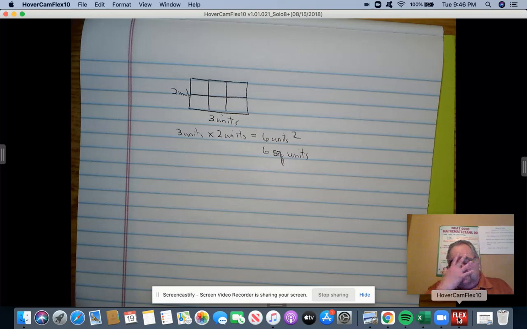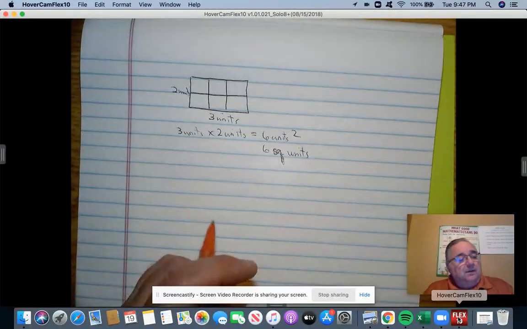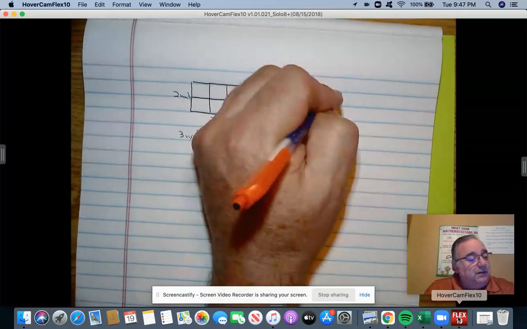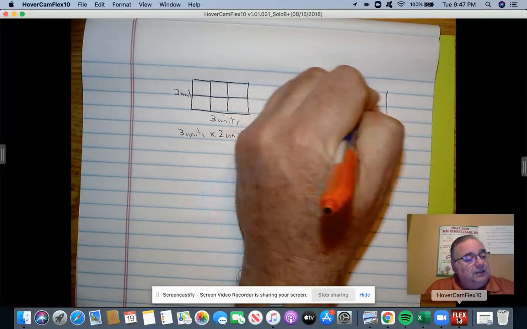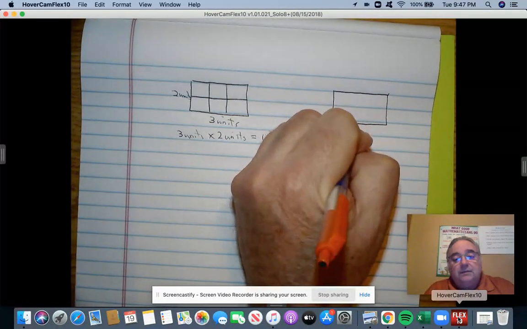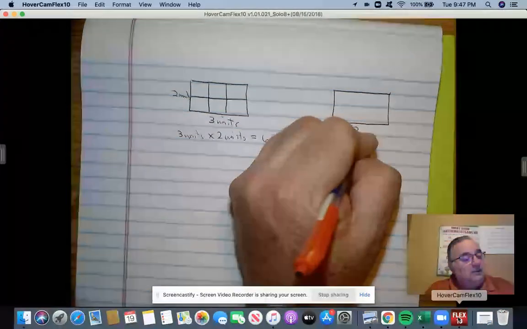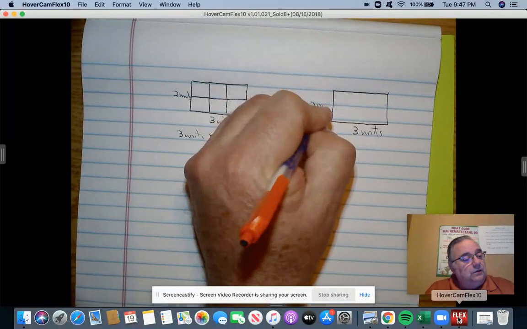All right. Now, in the upcoming STAR test we're going to have in May, they'll give you something like that. But most of the time what they will give you is just a blank sheet of paper, just like this. And they'll give you the dimensions. The length is 3 units. The width is 2 units.